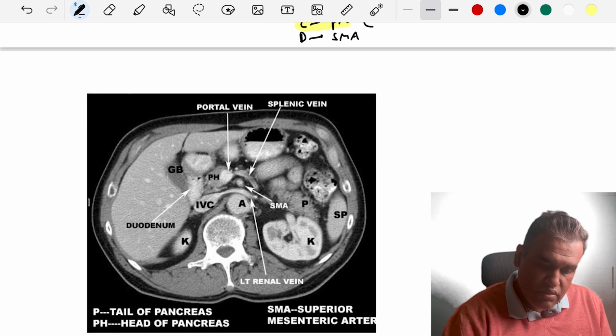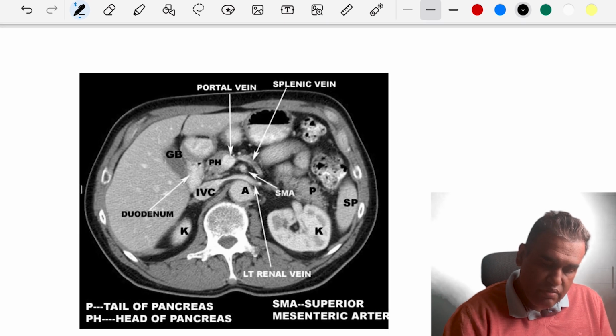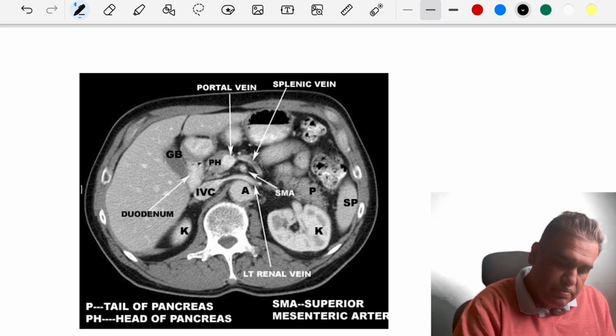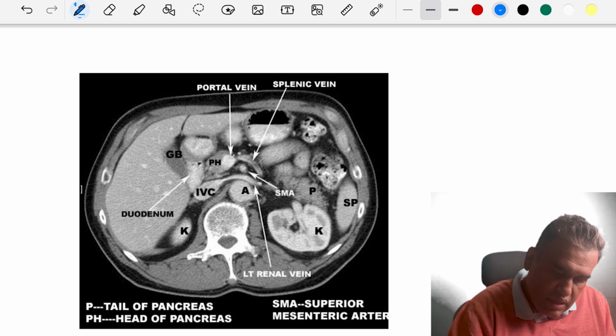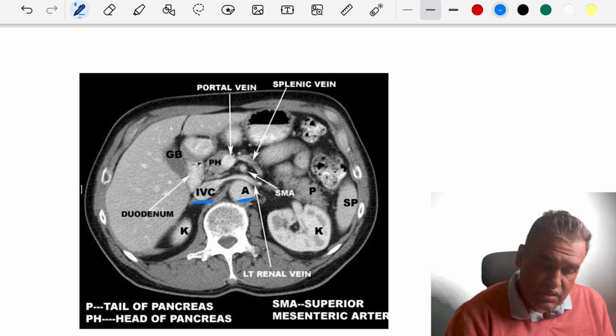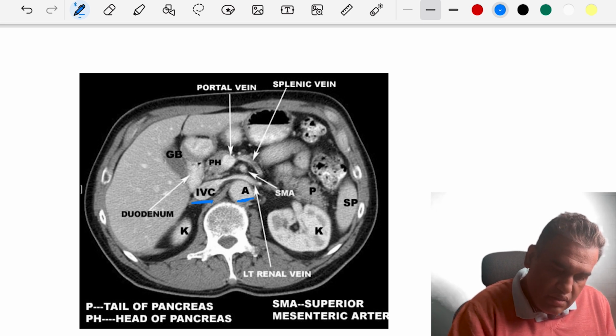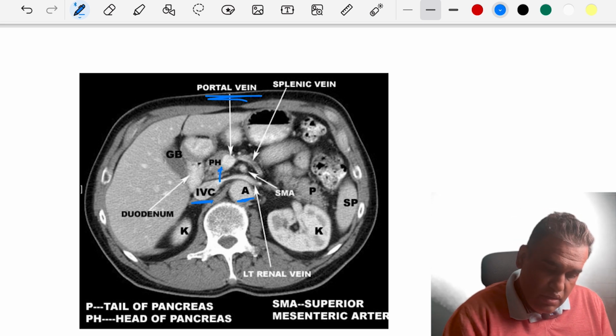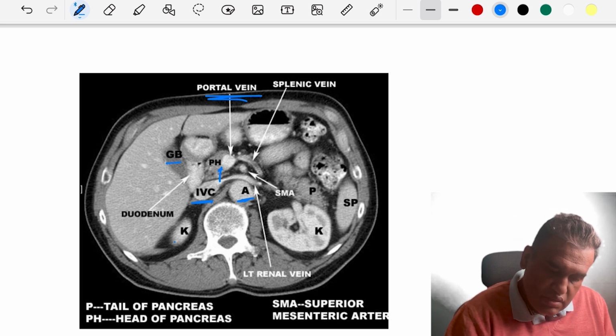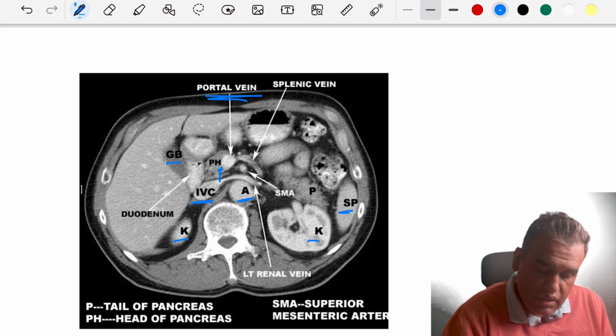Looking at a similar picture over here with the labels, you can very well see the IVC and the aorta. Look at the sides. In front of the IVC, we have the portal vein already labeled over here. In front of it we have the GB for gallbladder, we have the kidneys, K, and SP for spleen, left side, we did a question on it.